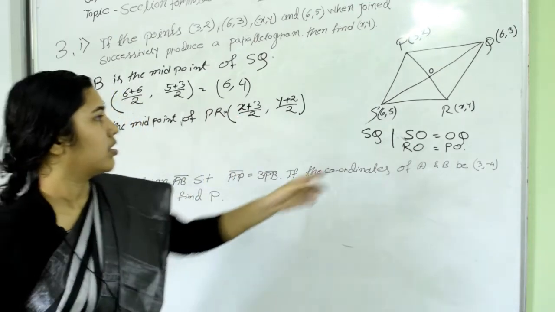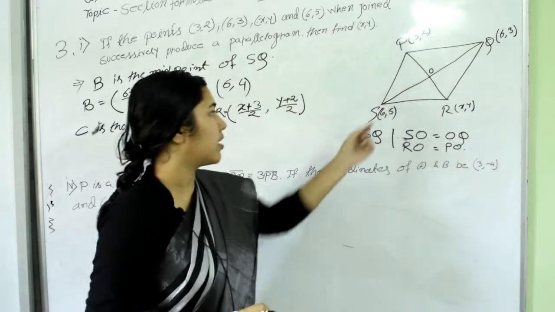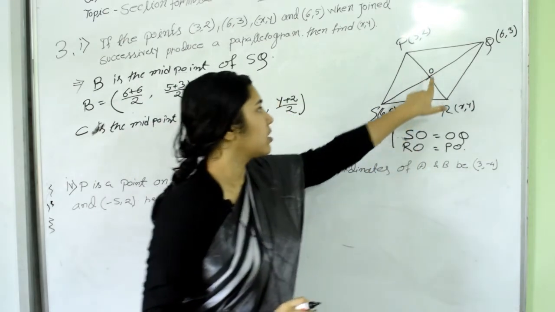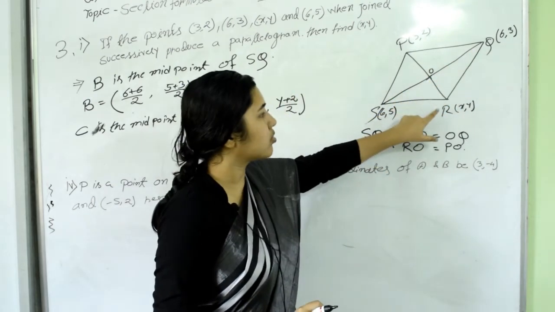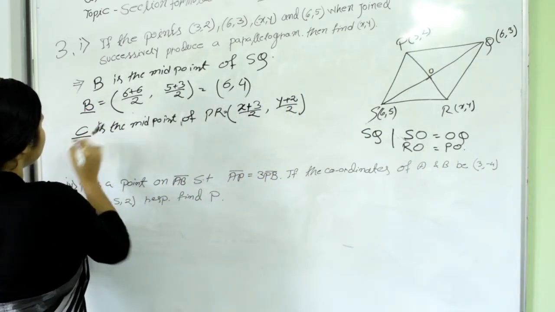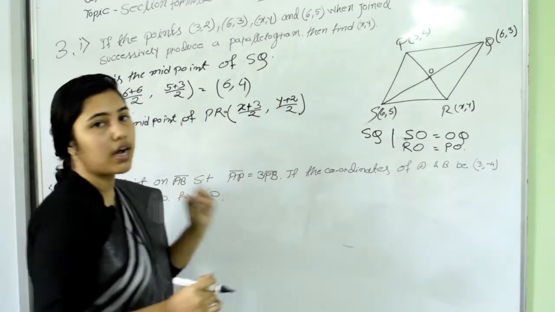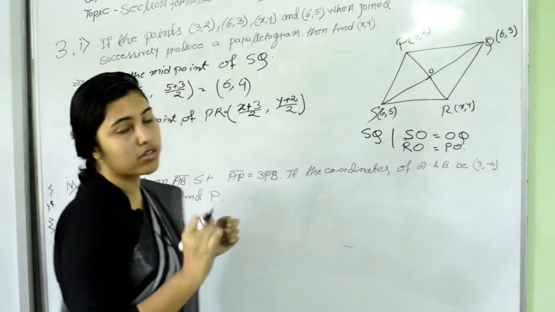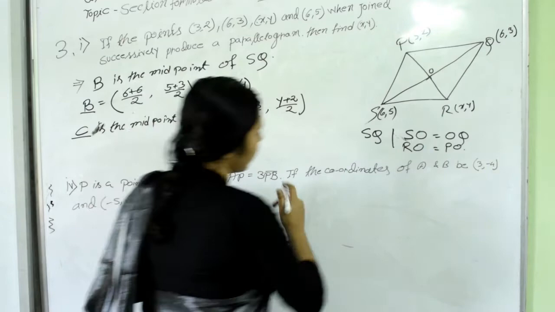Now look at this diagonal, look at this picture. Here O is the point of intersection, right? Which means the point O, which is the midpoint of SQ and also the midpoint of PR, which means this point B and C are the same. And when two points are the same, the abscissa of these 2 points are also the same and also the ordinate of those 2 points are the same.